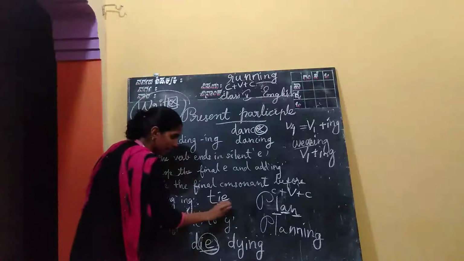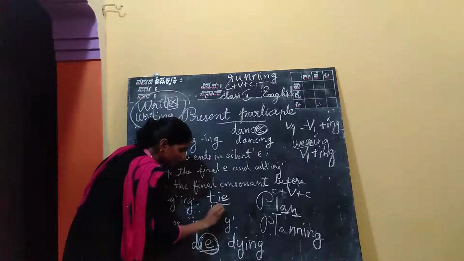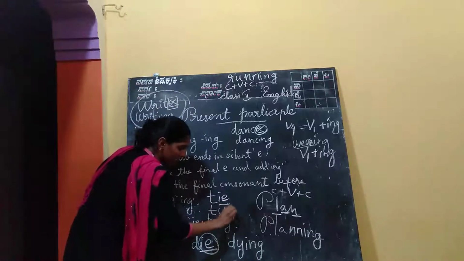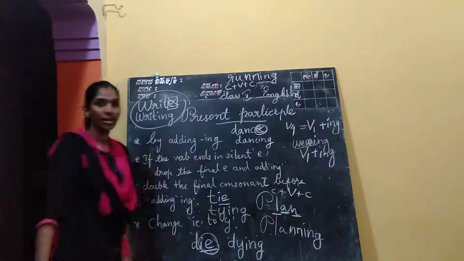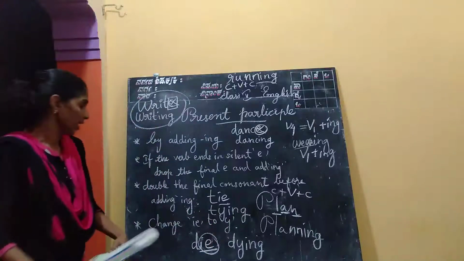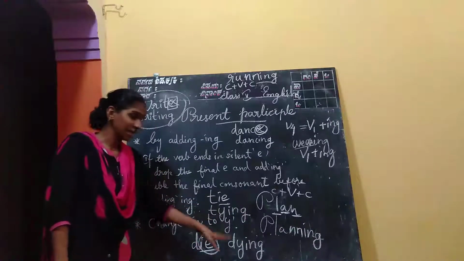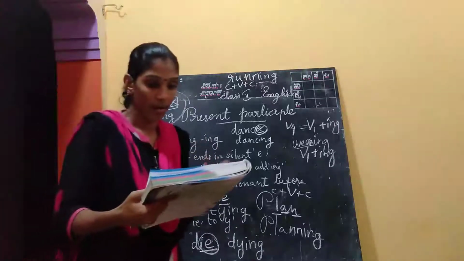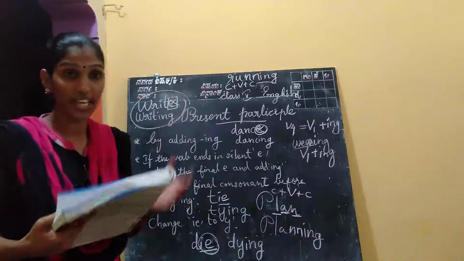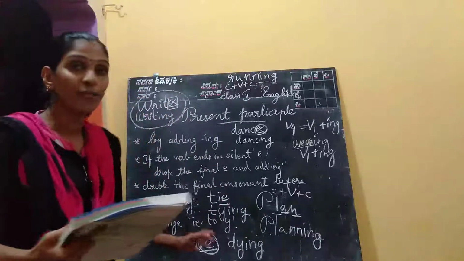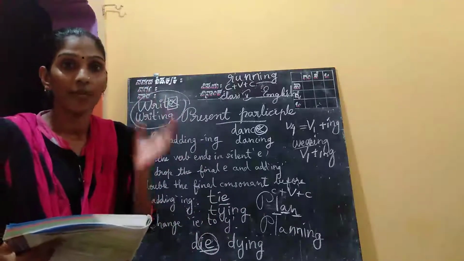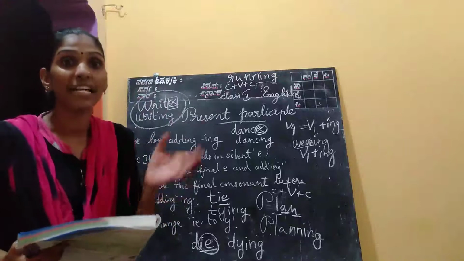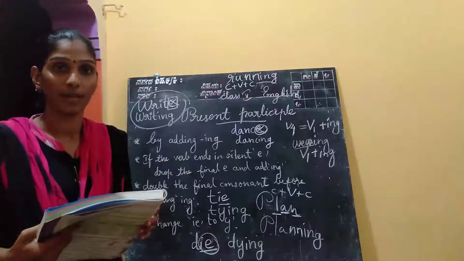Here, tie, we are changing IE to Y, then writing ing. We got V4. Tie, tying. Die, dying. These are the 4 ways to get the V4 form or present participle form.